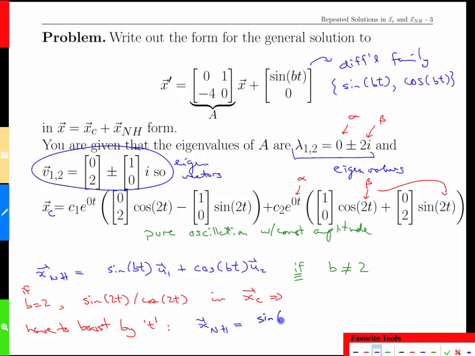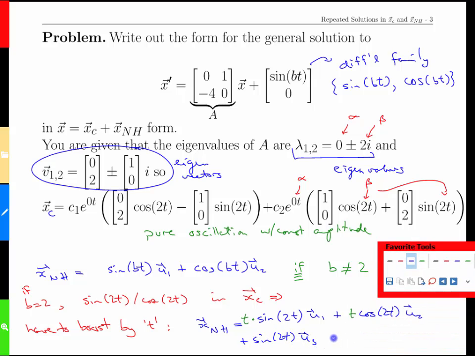We would have sine, here's the specific case, 2t, then we'd have to multiply that by t to avoid the conflict or generate a solution that's different, and times u1, plus, again, t times the cos of 2t, times some other vector u2. And then we'd also include the bare bones versions with their own vectors.